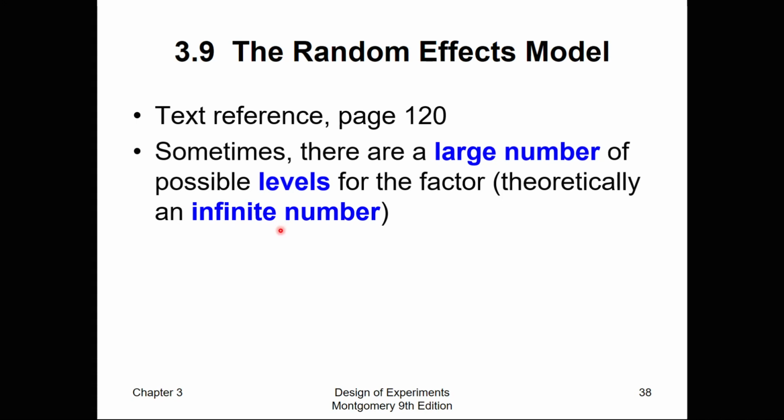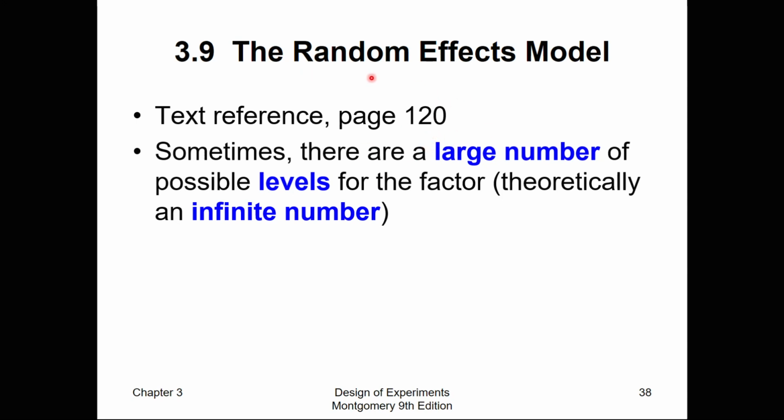Another common example is if I'm trying to judge a performance. If I want to study the judge effect, and I only have a couple of judges who are representing a randomly selected group of judges, then there's a large total number of judges I could select from, theoretically an infinite number.